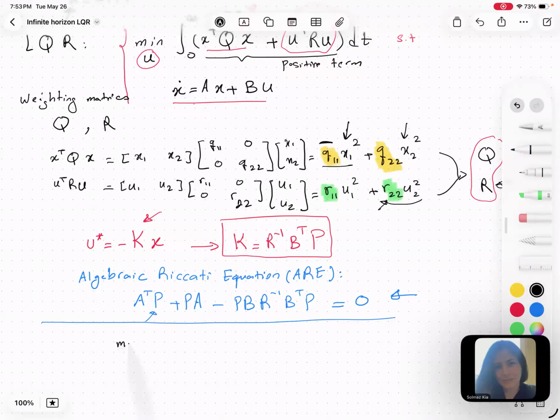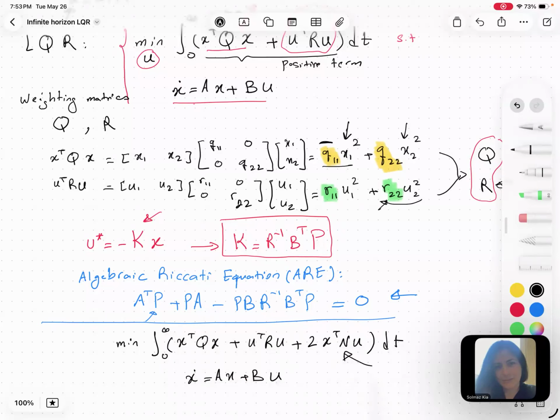So a more general form of our objective function is this form that you see, subject to x dot equal to Ax plus Bu.